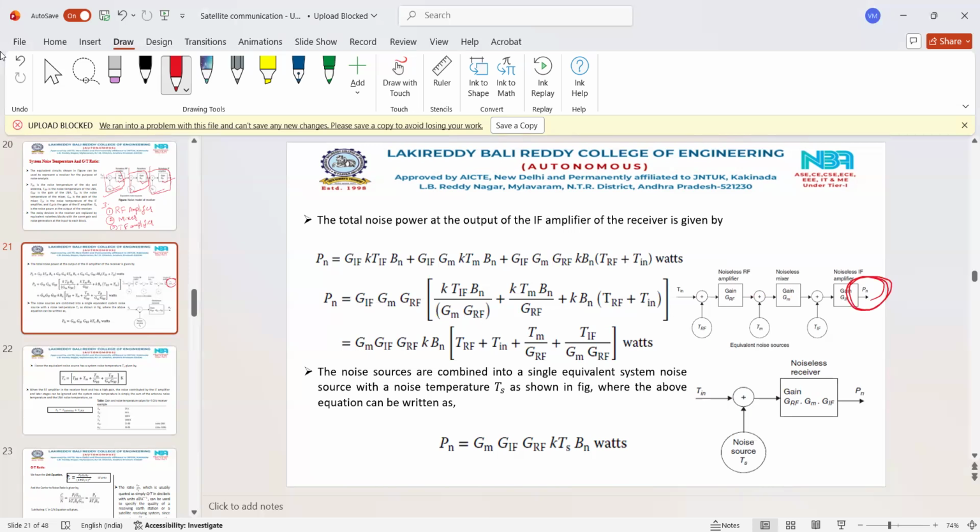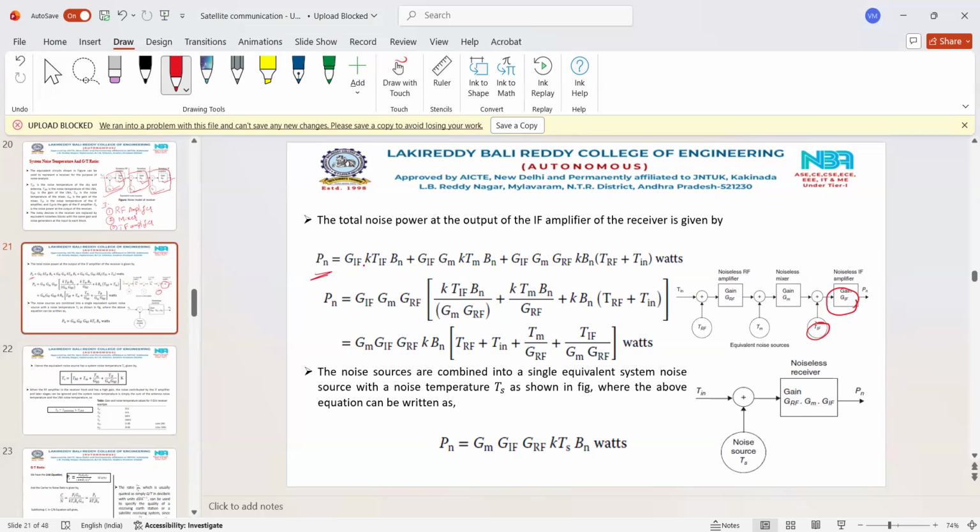Pn is equal to GIF into K into TIF into BN, where K is the Boltzmann constant, GIF is the gain of the intermediate amplifier, and TIF is the noise temperature of the intermediate amplifier section.